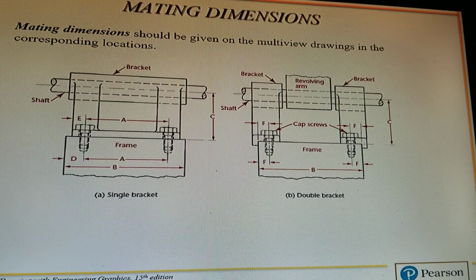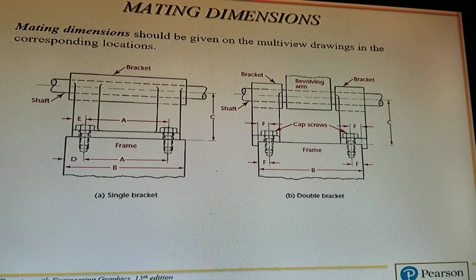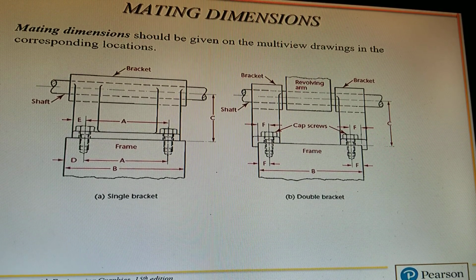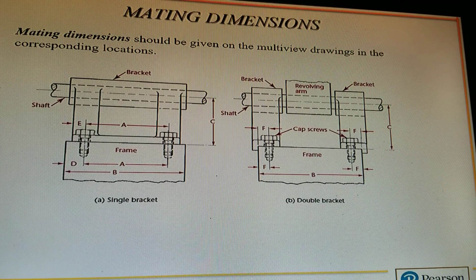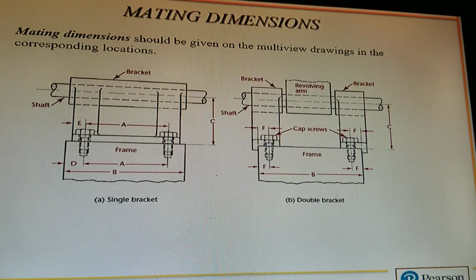It's something we would have gotten into in chapter 14, but it appears we're not going to. But like C would be a mating part. You have 2 parts, that bottom part and that shaft on the bottom there. So you have a dimension showing how far apart those should be located.